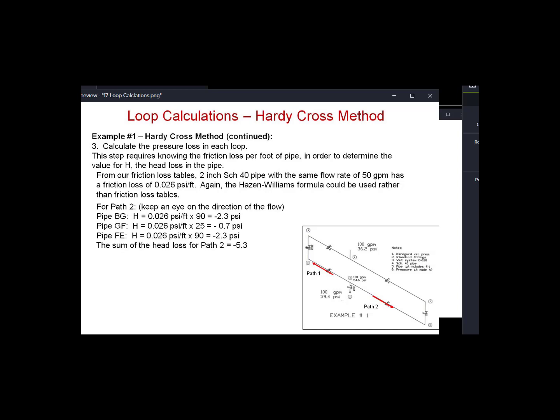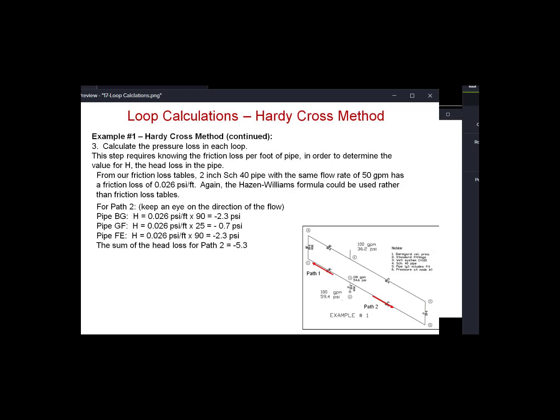This step requires knowing the friction loss per foot of pipe in order to determine the value of H, the head loss in pipe. From our friction loss tables, 1.5" Schedule 40 pipe with a flow rate of 40.5 gallons per minute has a friction loss of 0.06.